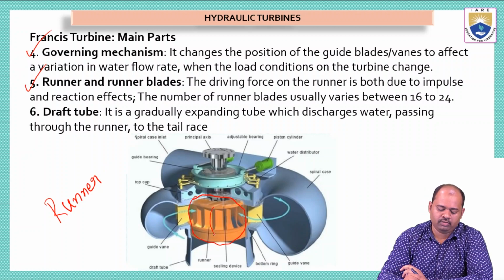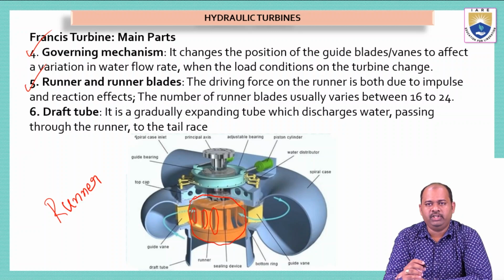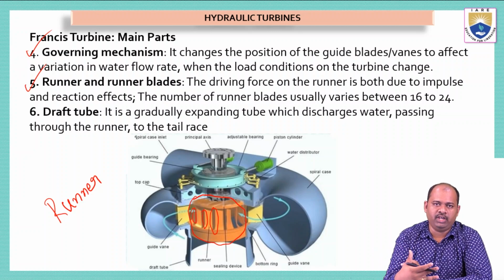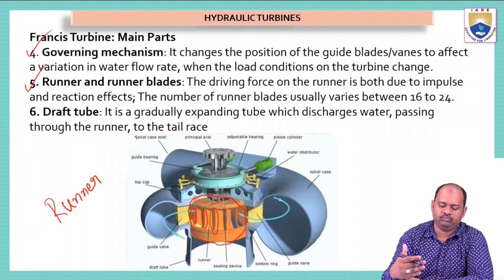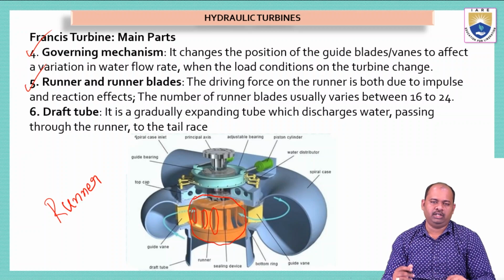These are called vanes. When water touches these vanes, they will try to move, so that the entire runner will rotate. Because the vanes are attached to the runner, the entire runner will rotate.